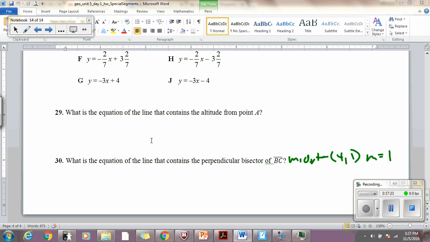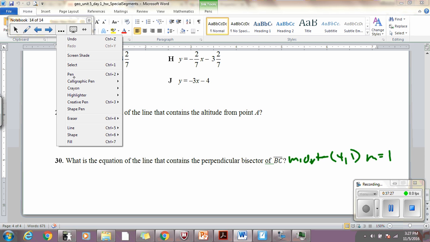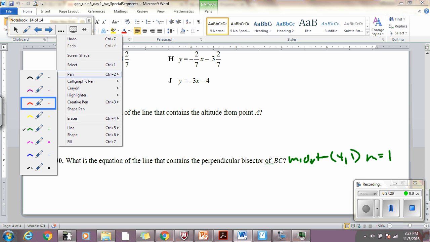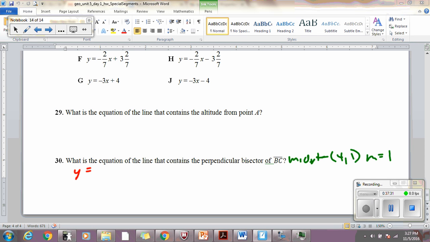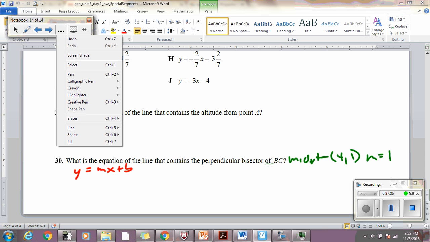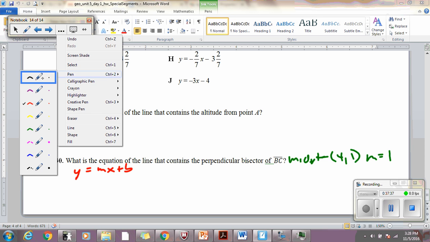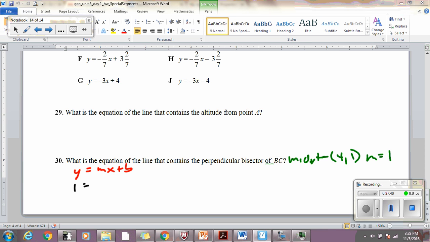I wrote everything correctly. So y equals mx plus b again. Y is going to be replaced with 1, m with 1, x with 4, so we can find b. So that would be 1 equals 4 plus b.